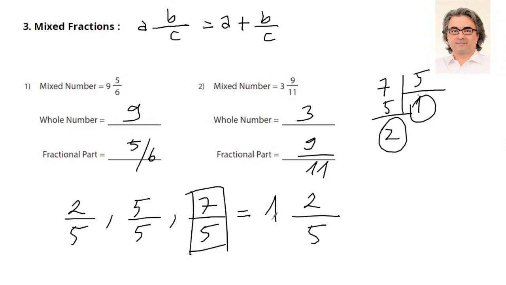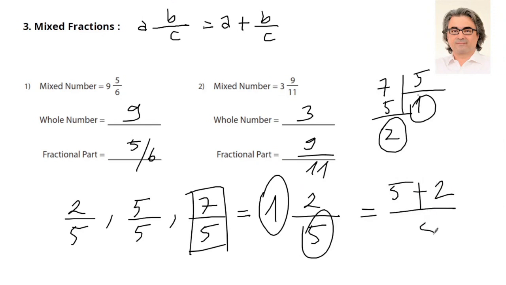How can you change a mixed fraction to its improper fraction form? Multiply the whole number of the mixed fraction by the denominator of its fractional part. 1 times 5 is 5, plus add 2, its numerator, and then divide again by 5.